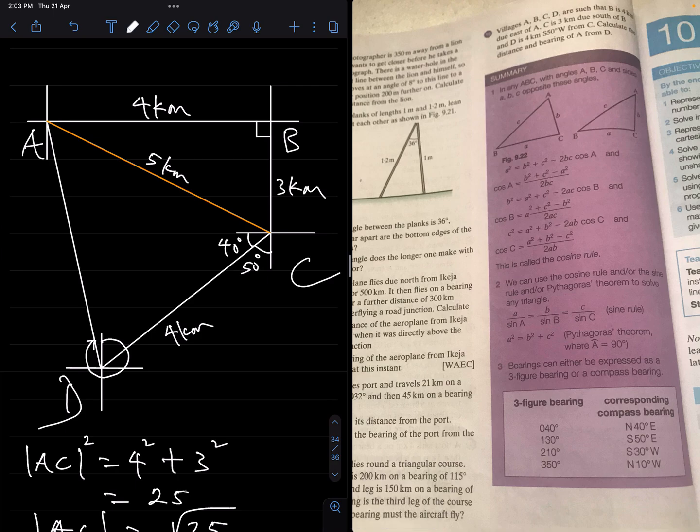So, what else? How do I find this small angle? This looks tricky, but I think it should be simple.